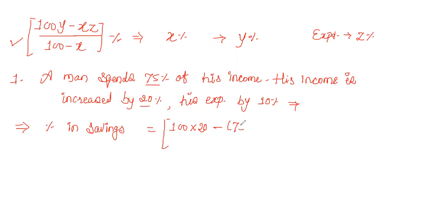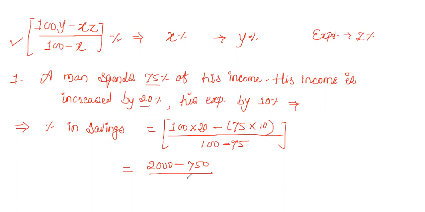Earlier it was 75, and z percent expenditure increased, so it is 10, divided by 100 minus 75. By calculating this, 100 into 20 is 2000 minus 750 divided by 100 minus 75, it is 25.